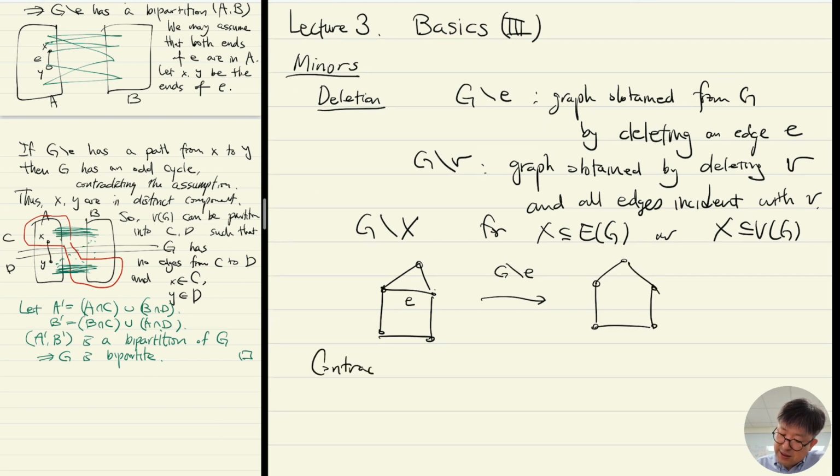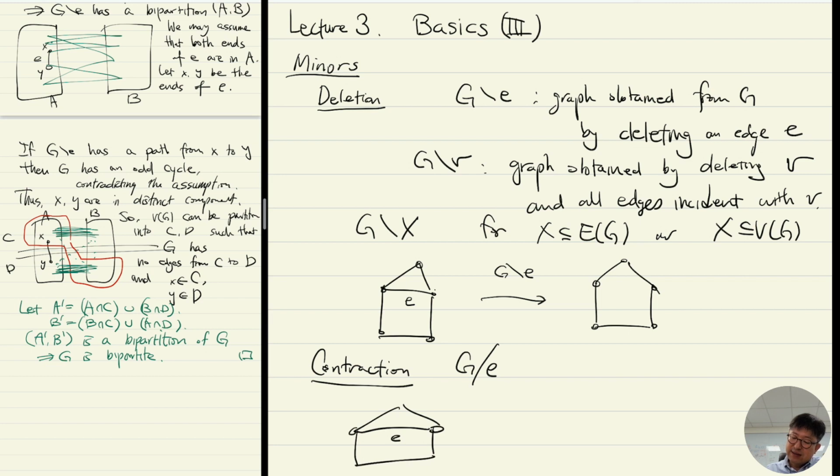And contraction is a different operation. That is to identify two ends of E as a single vertex. If you have taken the topology course, you might have seen something like that. If you have two points, you can identify them, and from that time you record them as a single point. For instance, in the case of the house, if you identify the ends of E, then it becomes this.